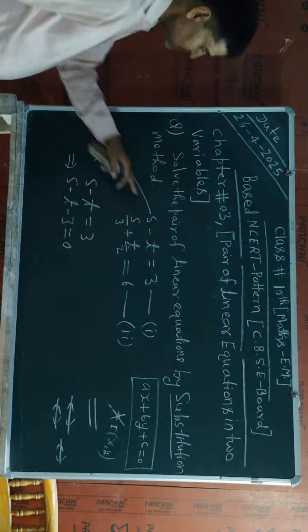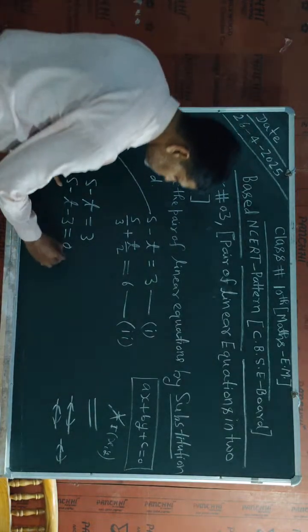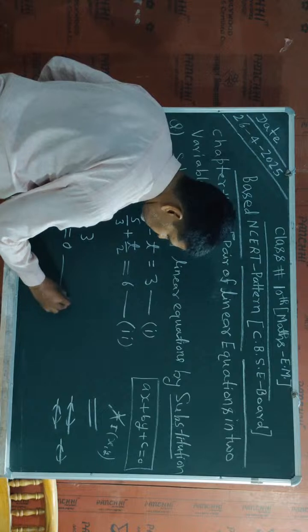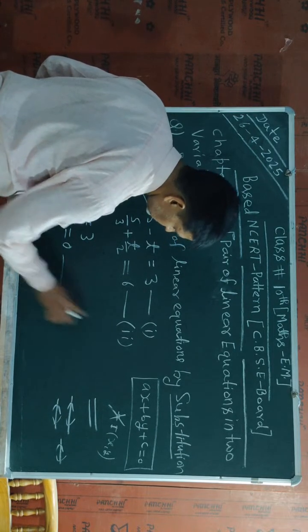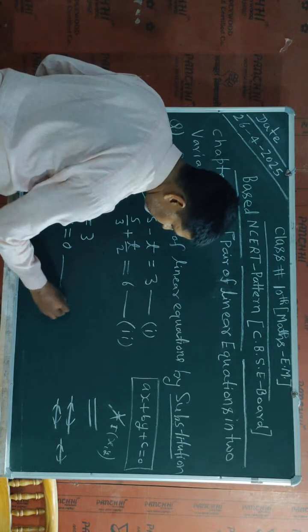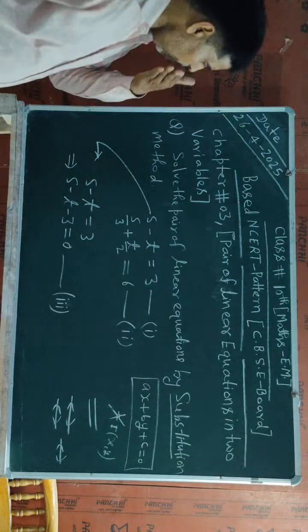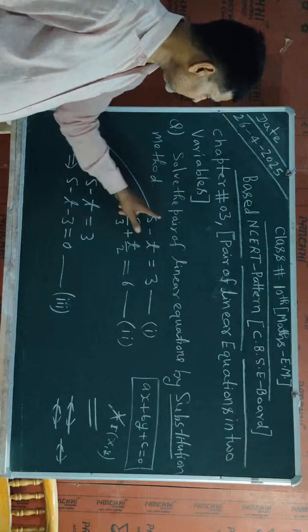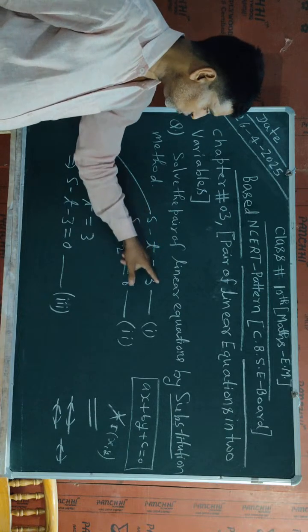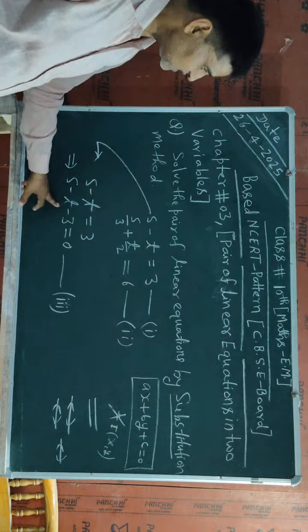It means that this equation I can arrange like this. Okay, student. So I will say this is equation number 2. The number 2 is already assumed here, so I will say this is equation number 3. So equation number 3 is written in this form, s minus t equals 3. This equation I can arrange like this. So this is the standard form.